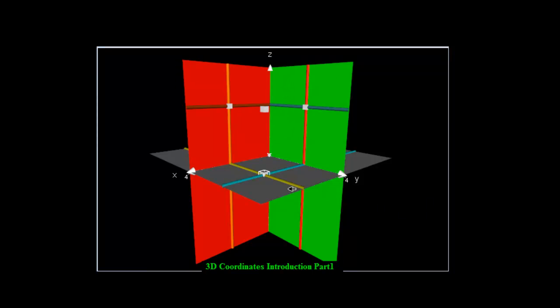So what we're going to try and do is to figure out the coordinates of this point here. Well, how do we get to it from the origin? From the origin, we would come across that far in the x direction, and then parallel to the y-axis. We're not going to go up.